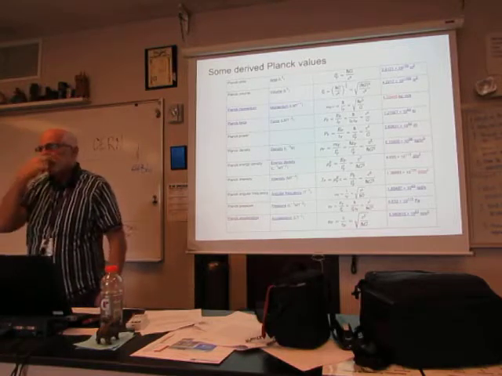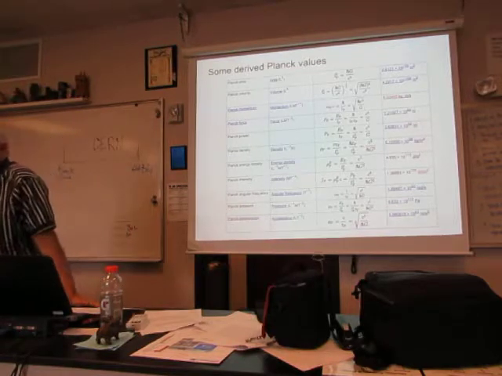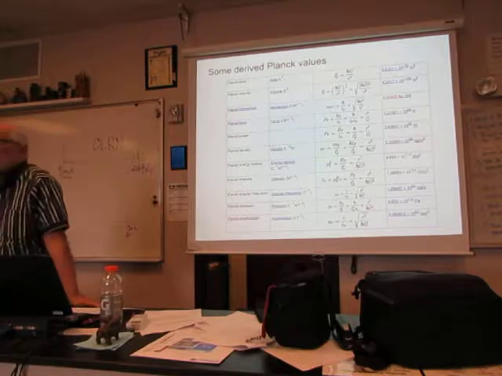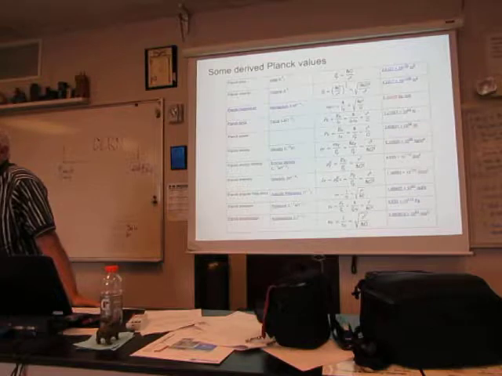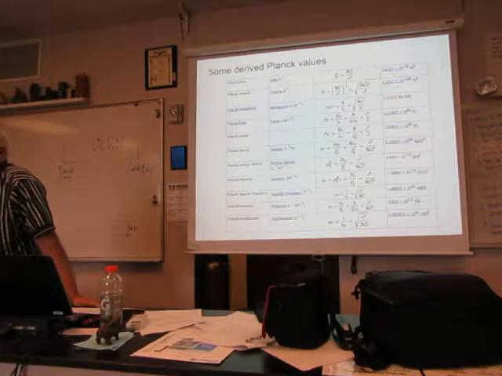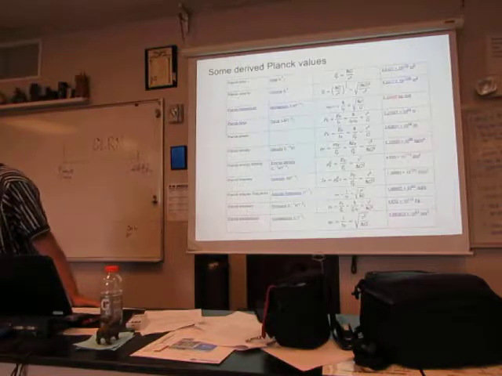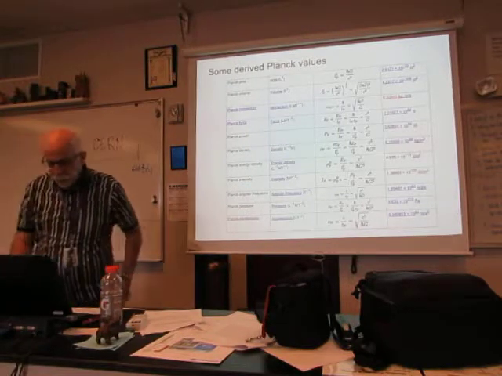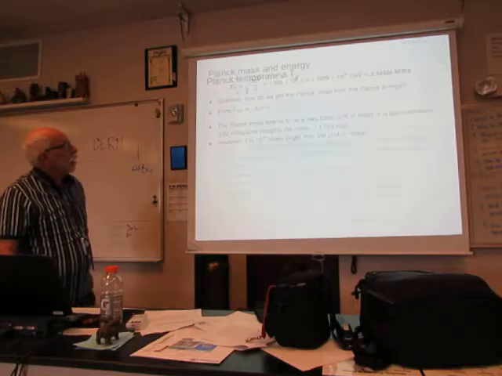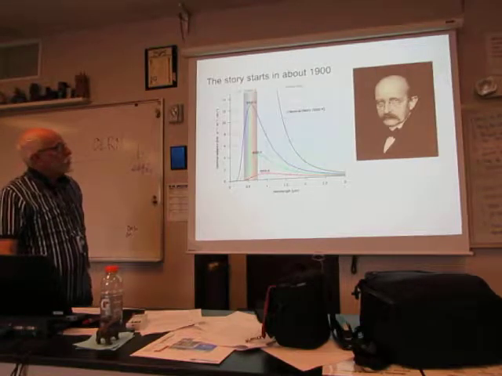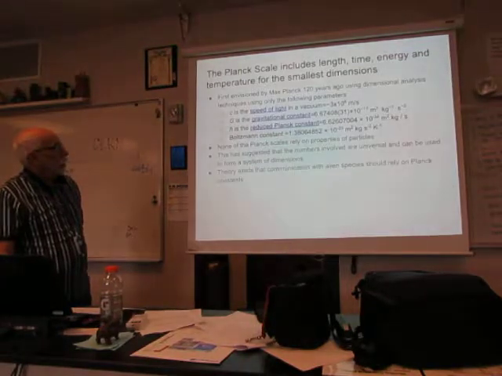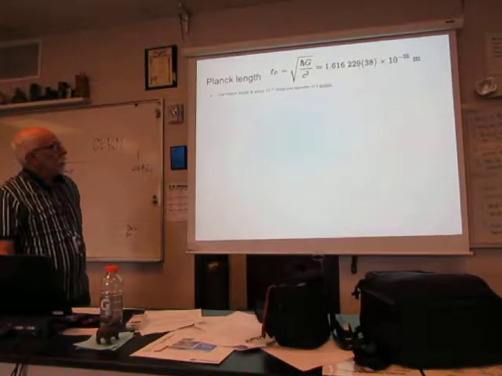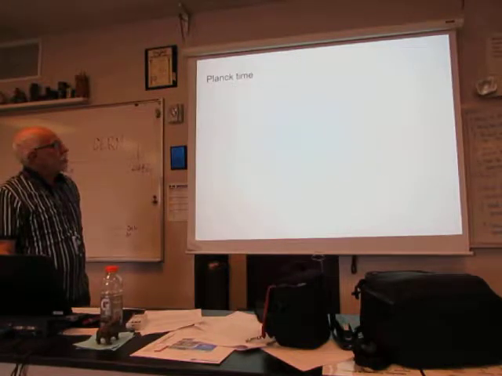Yes, sir? So Planck and Einstein were kind of doing their stuff around the same time. Did Planck use E equals mc squared to derive the Planck mass? No, he didn't have to. He didn't use E equals mc squared. He used the fact that the units of mass... it's inevitable that you will get this.